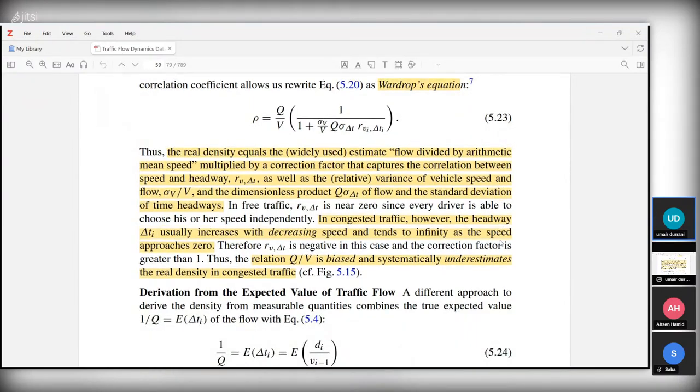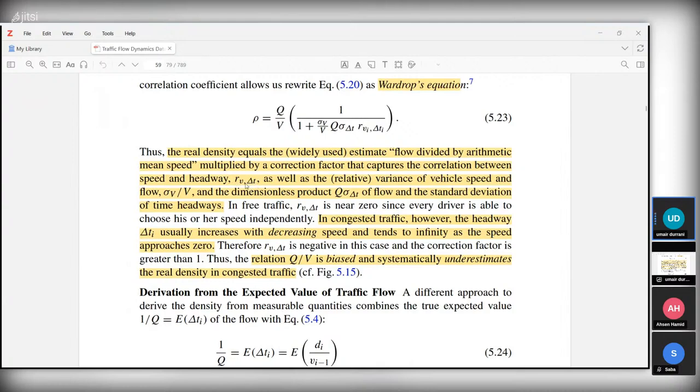It says the real density equals the widely used estimate, flow divided by arithmetic mean speed, which is this part, multiplied by a correction factor that captures the correlation between speed and headway. So this part in the brackets is the correction factor.